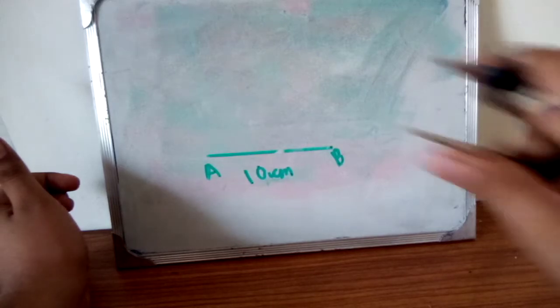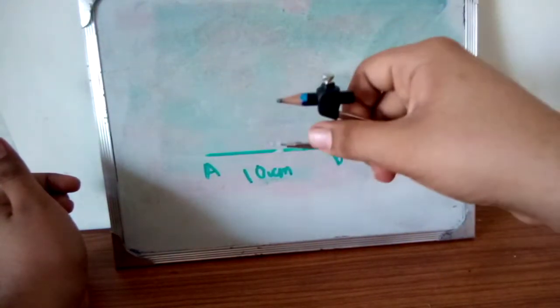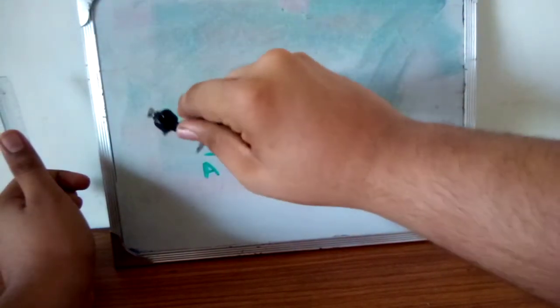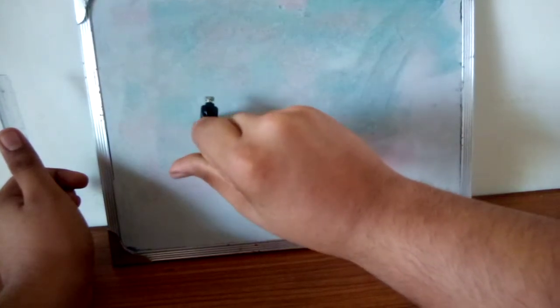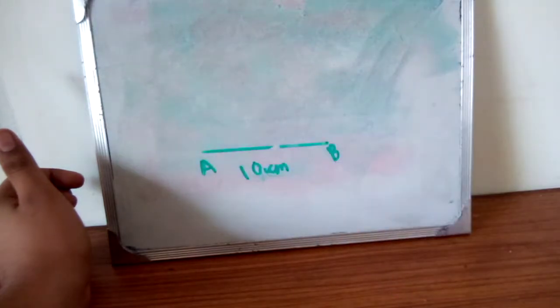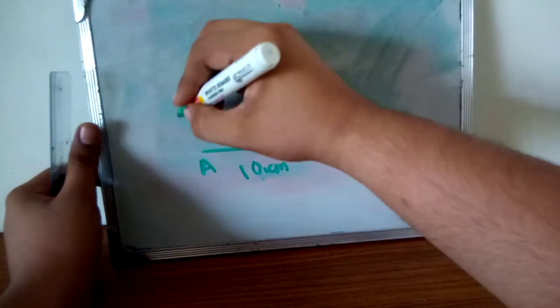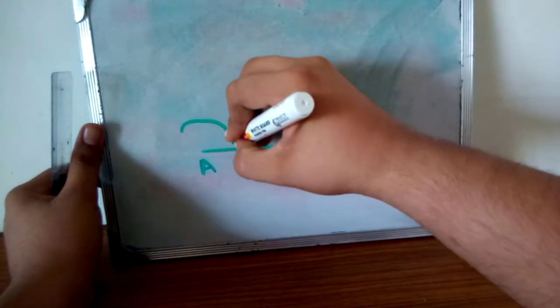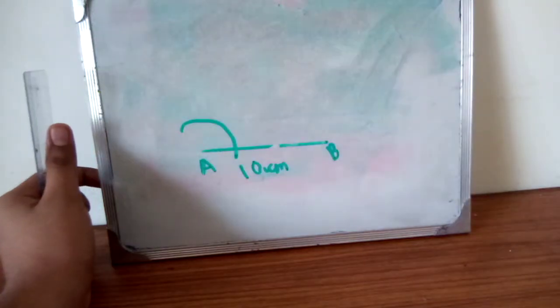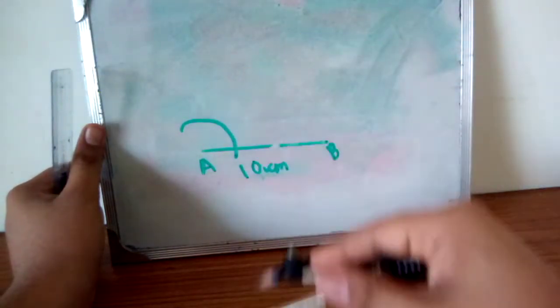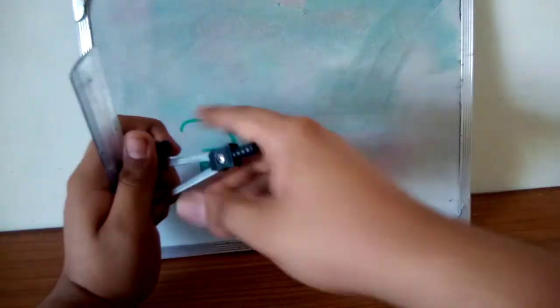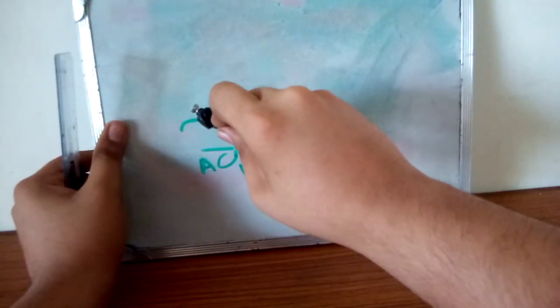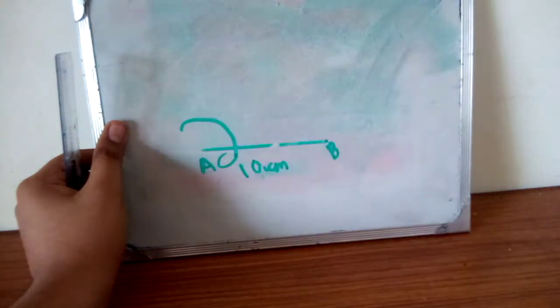So we will take a compass of any radius, and keeping the compass tip at point A, we will draw an arc. This is the arc, and then keeping the compass tip at point C, we would draw an arc to intersect the previous drawn arc.